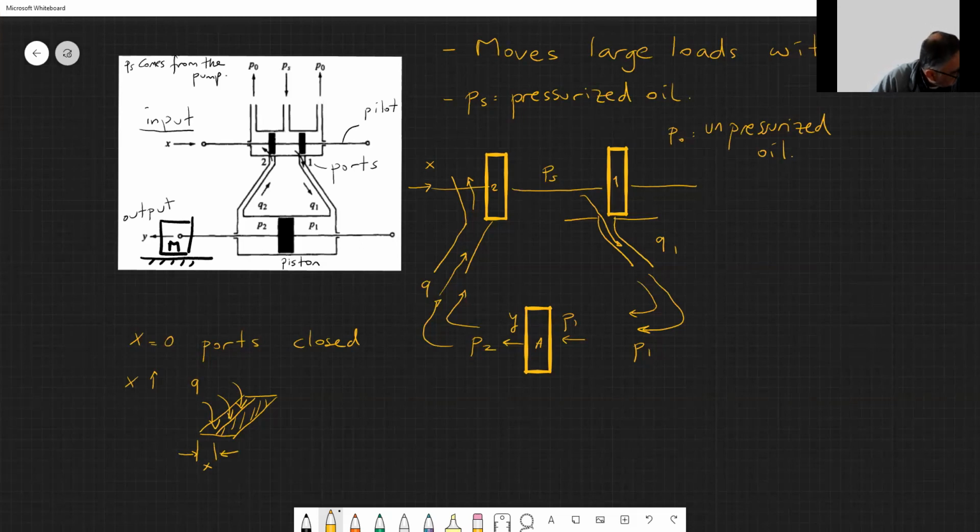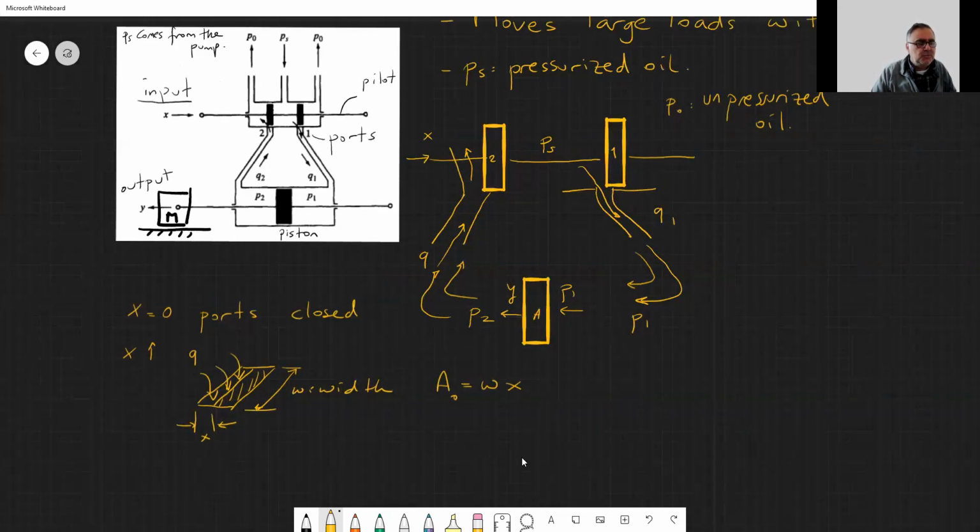Let's say this has a width of W. So the area through which the fluid goes in, area 0, is W times X. So the area of the fluid going in is proportional to the displacement X.